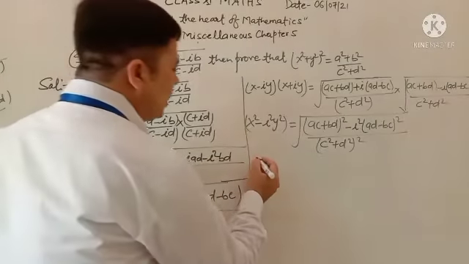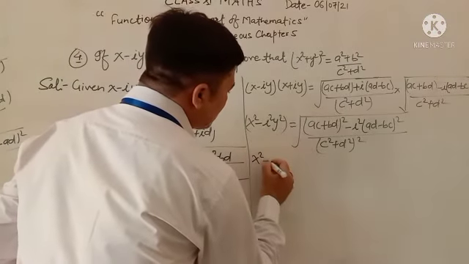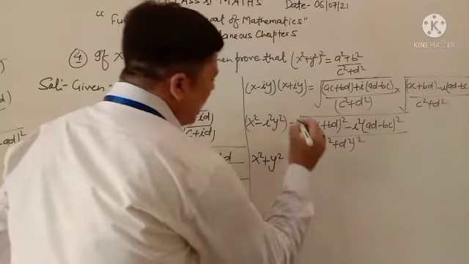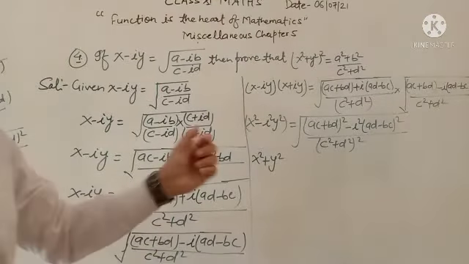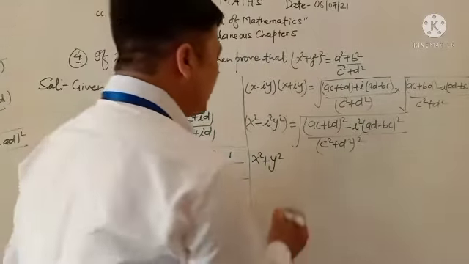Now this one is equal to x square, and i square gives you minus 1, so it is x square plus y square.